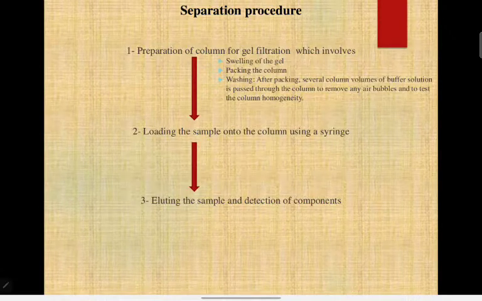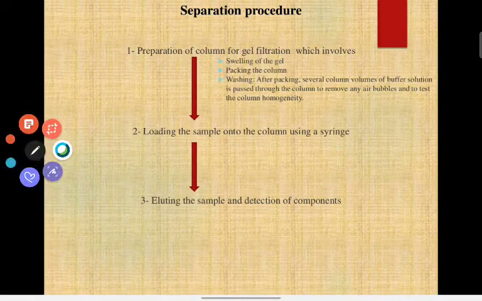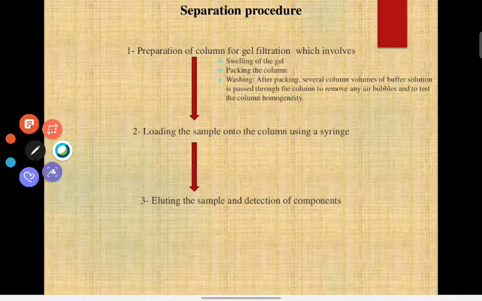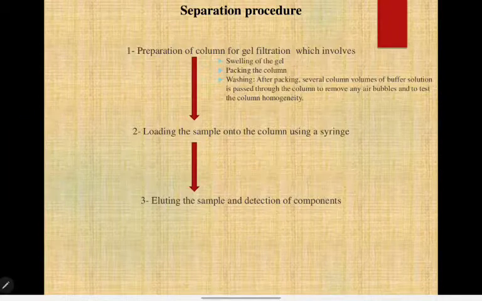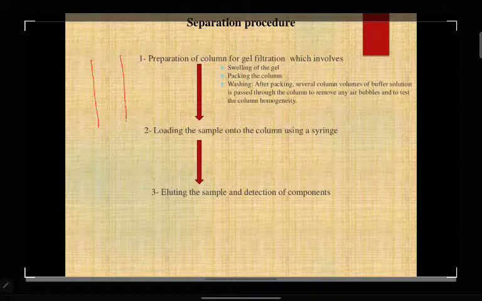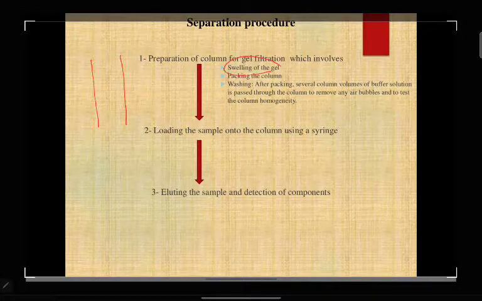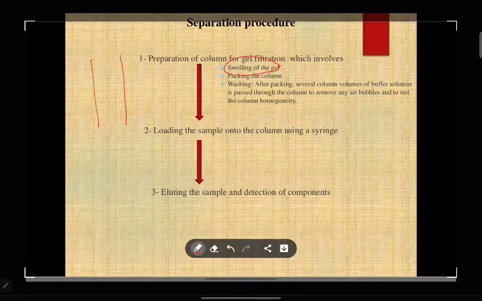Now how to do the separation procedure. First step, preparation of gel filtration column. How to prepare? Take a glass or stainless steel column, then swelling of gel. I told there are two methods.